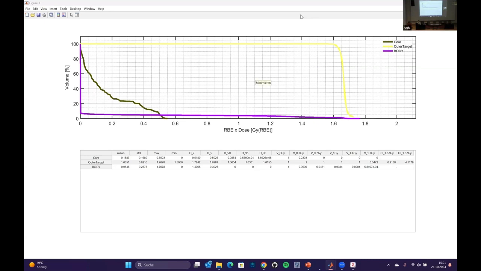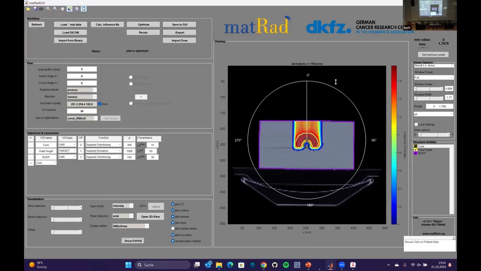I'm not entirely sure what you mean by that. Basically, the lateral size of the beam orthogonal to its entry direction, in matRad or in most treatment planning systems, is defined by the projection of the target onto the beam's eye view.